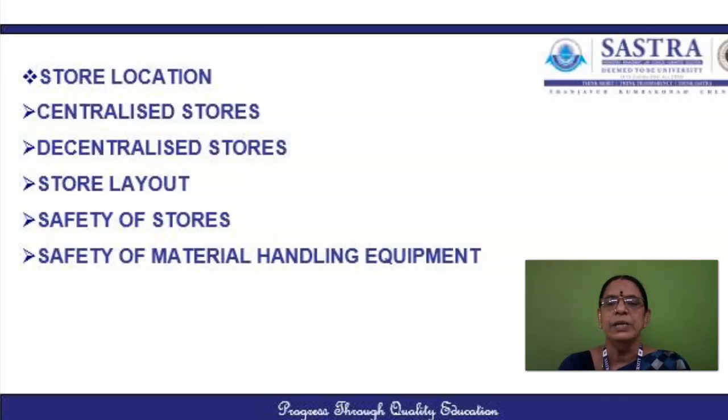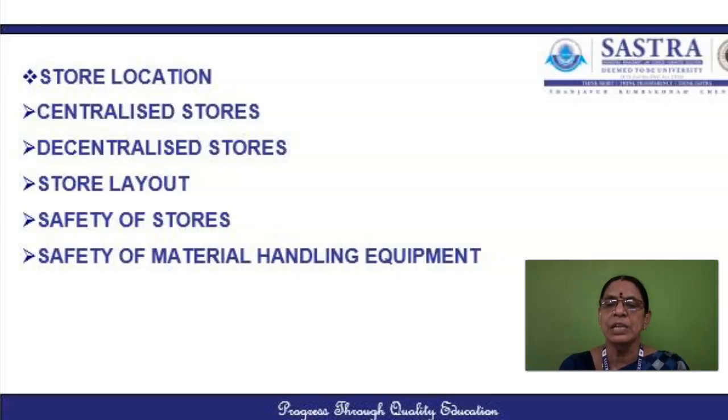The flexibility for future expansion. While selecting the store site, future expansion must also be considered. Sufficient space should be available for expansion in future and for storing materials. So crowding and congestion should be avoided, and we should avoid the need for shifting the stores from one location to another at a later stage.